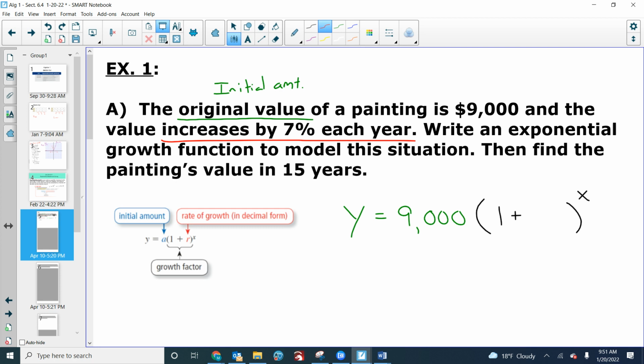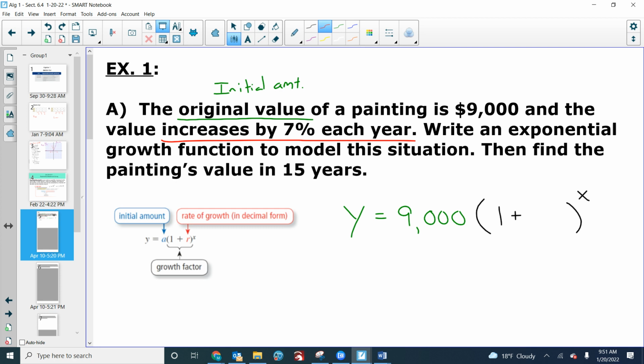What does the word cent mean? Century, cents and money. Per 100, isn't it? Isn't 7% 7 per 100?